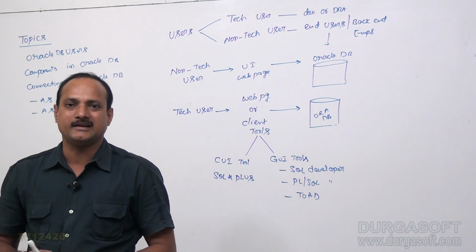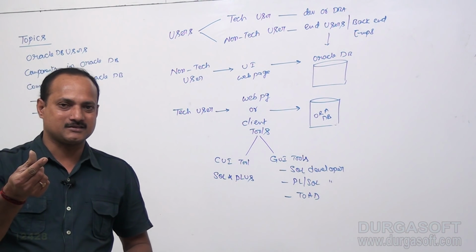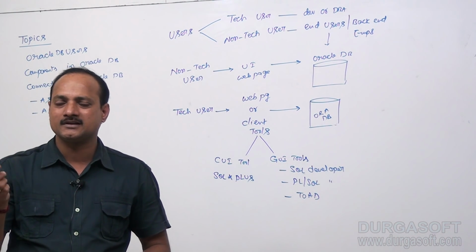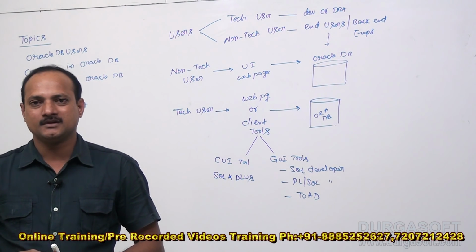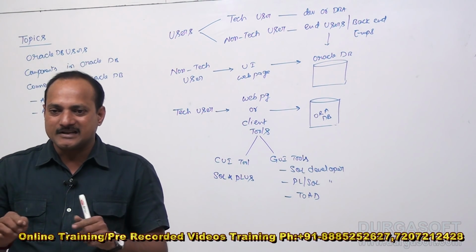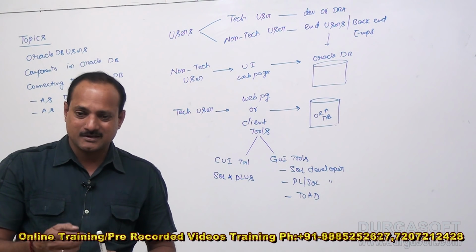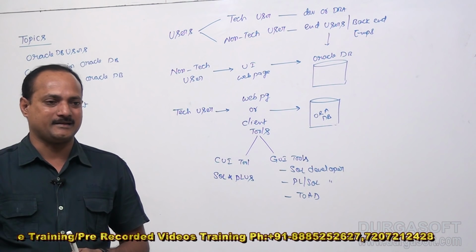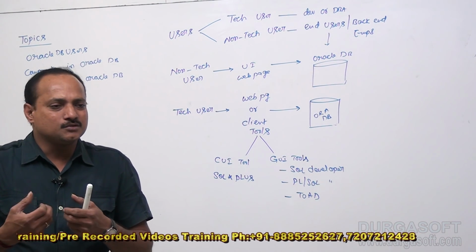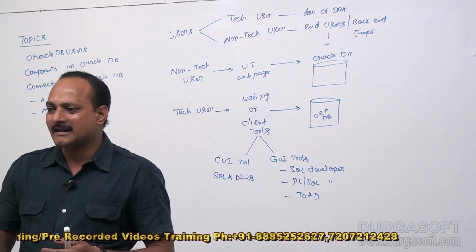If you want to create a table, go to the table object, right click on the table folder, and select the option create new table. Then it opens the table creation window. In that window submit the table name, column names and their respective data types. So you don't have to type create table, table name.